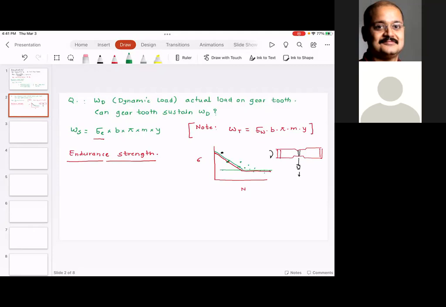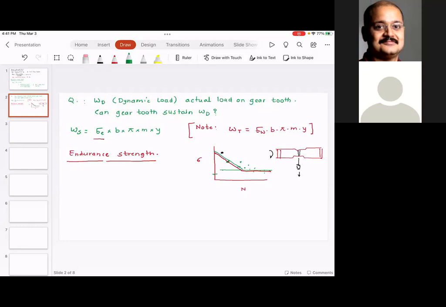It means if your stress is below this threshold, then the material can withstand an infinite number of cycles. For practical purposes, the number of cycles is 10 to the power 6. So the idea is, what is the fatigue strength of the material? This endurance strength of the material, you can find from the textbook.